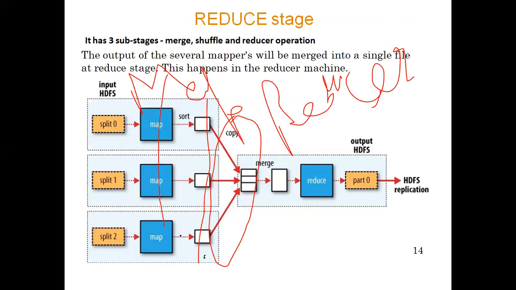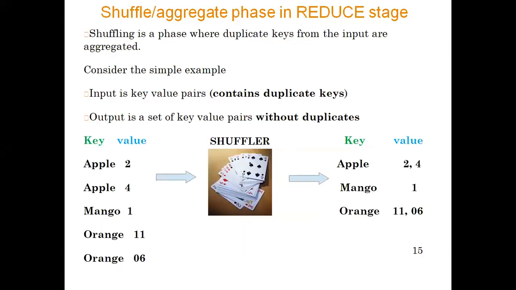Like here, merge is being performed and all the files are being merged into a single large data file. Now after the merge operation, there is something called shuffle or aggregate, also known as the shuffler. So here we have the shuffler.